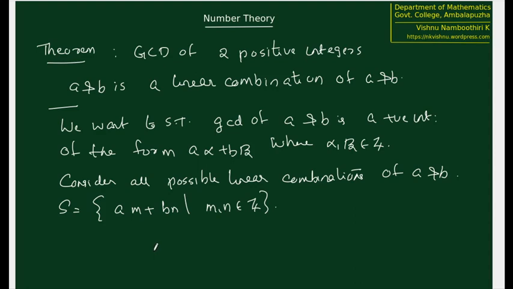We have to show that the GCD is an element of the form A alpha plus B beta. But remember that we know the GCD is a positive integer according to our definition. So this S consists of probably positive as well as negative integers.